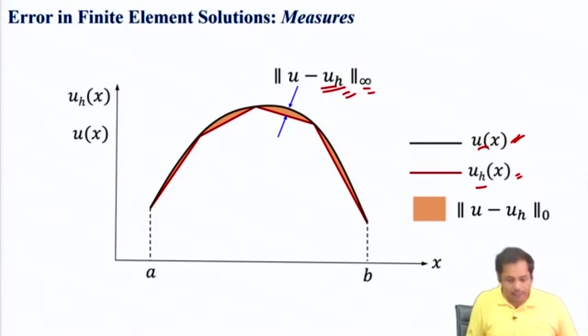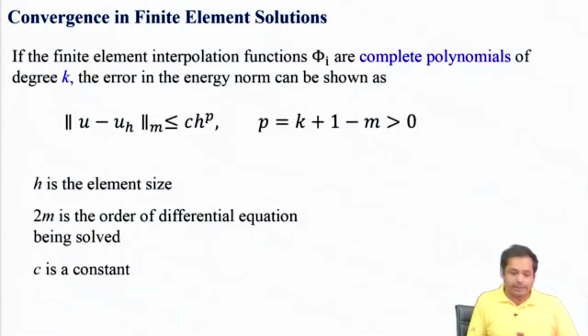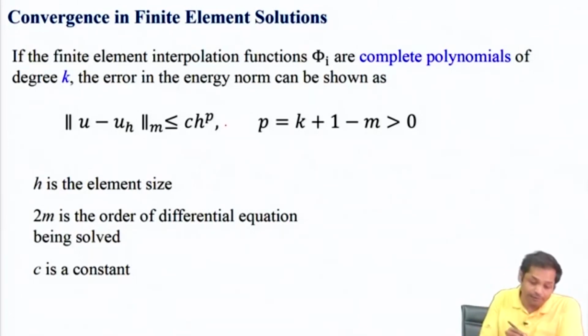Okay. Now, another interesting result, again we will not go into the detail, will not derive it, but it is very important to understand the importance of completeness. One beauty of the finite element method is, before you actually apply the finite element method for a problem, we can estimate the error, and this is an estimate of finite element error.